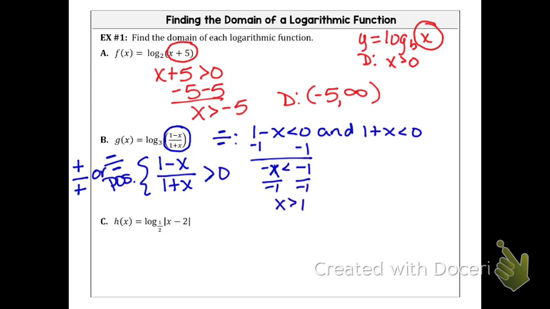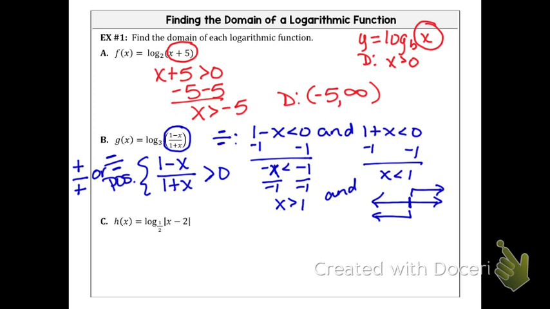And remember, when you divide by negative, you flip your inequality sign. All right. Both of these have to be true, so it's going to be where both of them are true. If you think about a number line, if you graph where x is greater than 1, you're graphing all of that. And if you graph where x is less than negative 1, you're graphing all of that. There's nowhere there that makes them both true. So therefore, we can't make this a negative over a negative. That didn't help us with domain. It just eliminated that; that's not going to work.